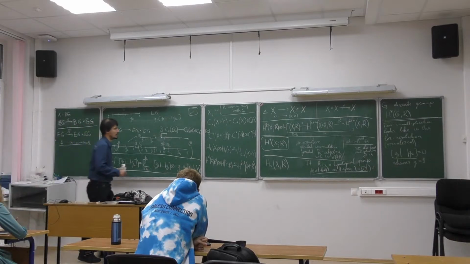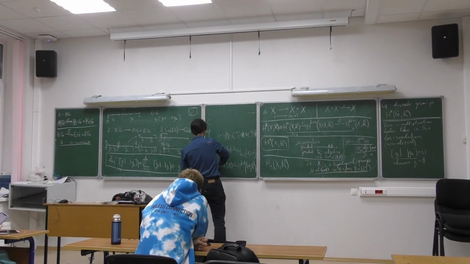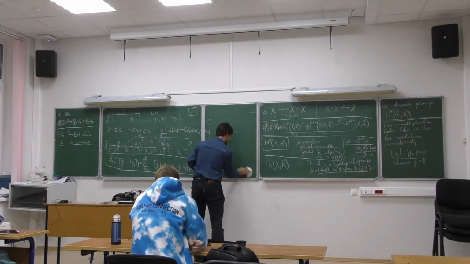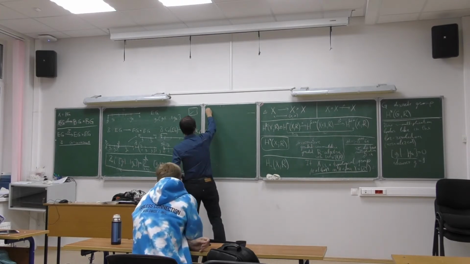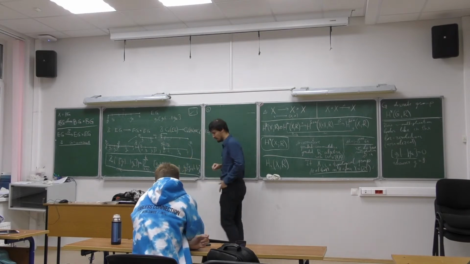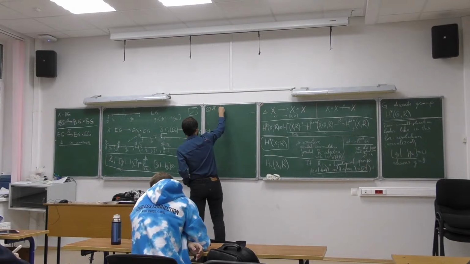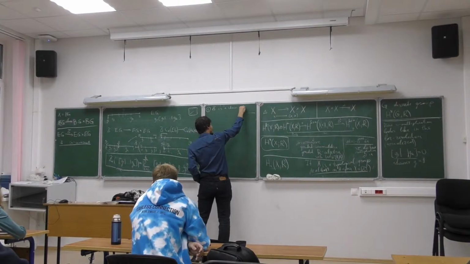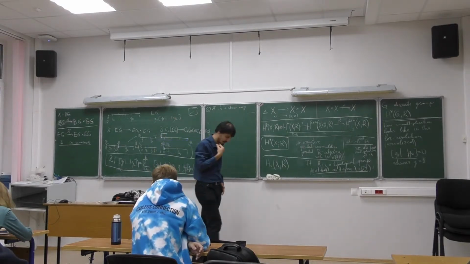Well, I would like to formulate this and even one more exercise. The first exercise is that this delta tilde is a chain map. Actually, it follows from what I said, but the exercise is to check it directly.